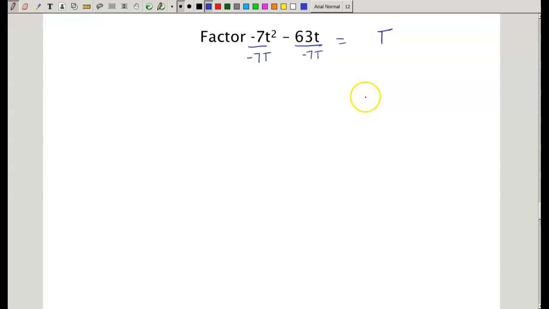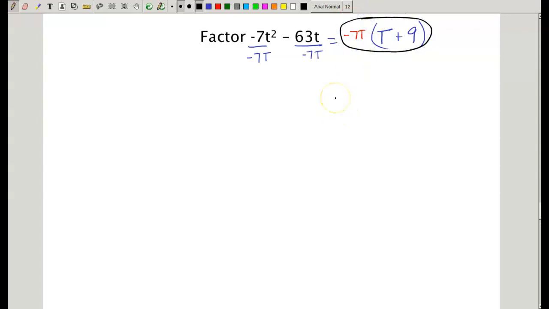T squared divided by t to the first is just t. And then negative 63t over negative 7t would become a 9, just a 9. So this would actually become t plus 9 here. But I would still have to take the term that I factored out and put it before the parentheses, which would be negative 7t.